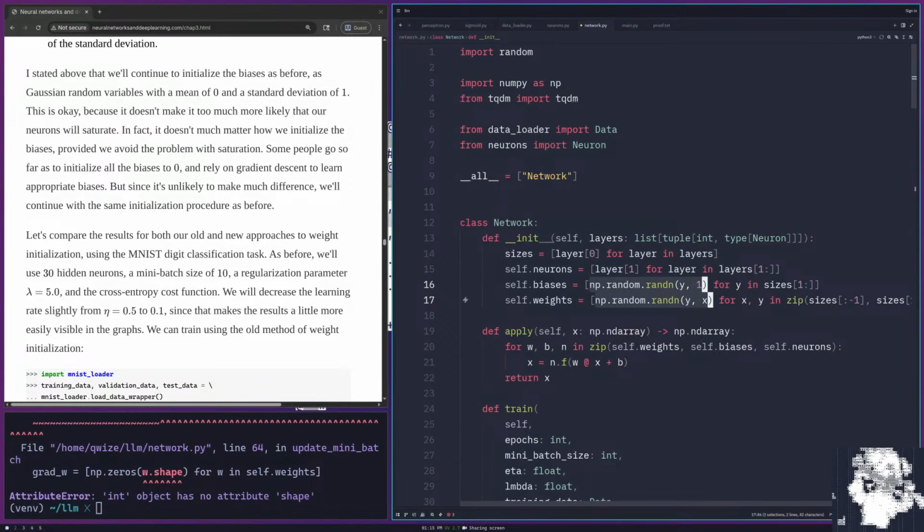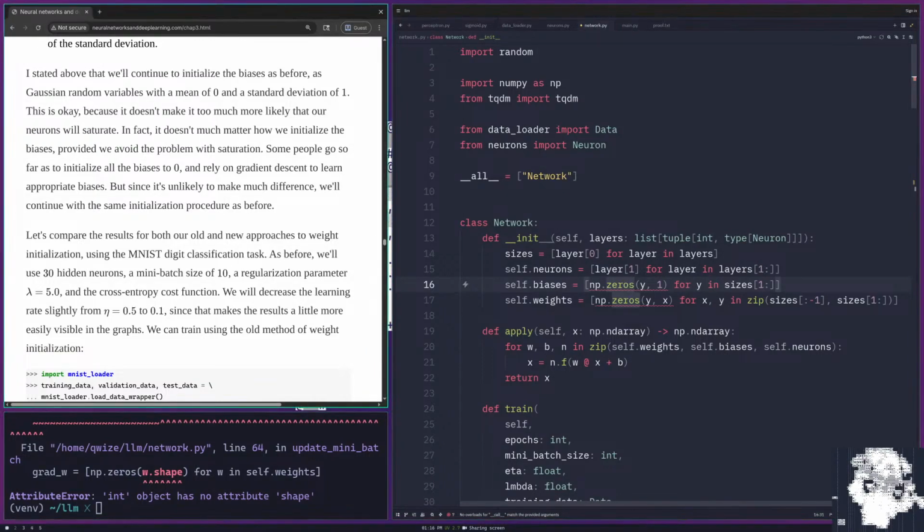Is randn, oh, I guess this is giving a whole matrix. So I could just say zeros, without the random. Does it have an e? No. How do you call zeros?